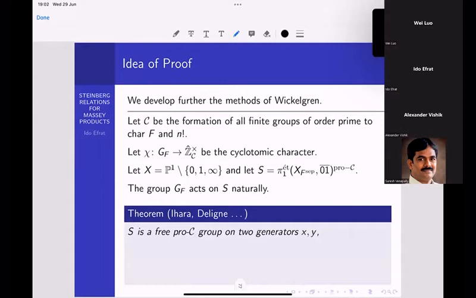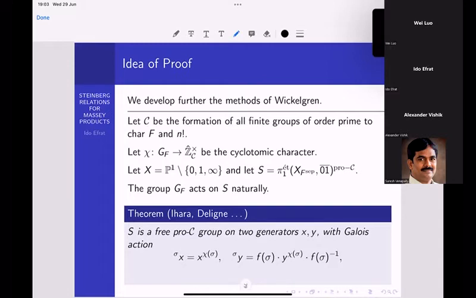What is the Galois action? It's also very simple. Sigma acts on the generator X just by profinite exponentiation by the cyclotomic character. The action on Y is slightly, not too much, slightly more complicated.